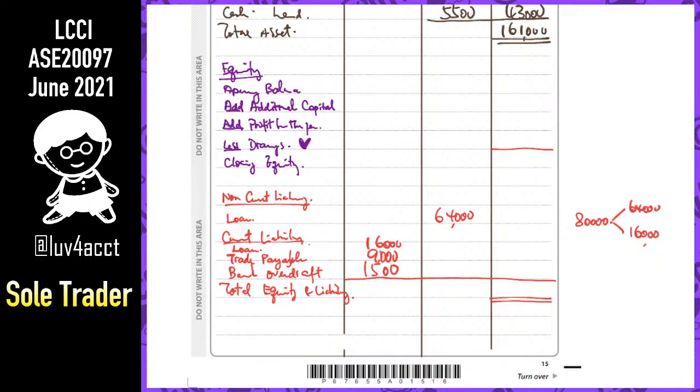I almost missed out that part. 16,000, 9,000, 1,500. We have 26,500 plus 64,000, 90,500. I will always use 3 columns if we have non-current liabilities and more than one item of current liabilities. Why? Because I want to show total non-current liabilities and total current liabilities as well.